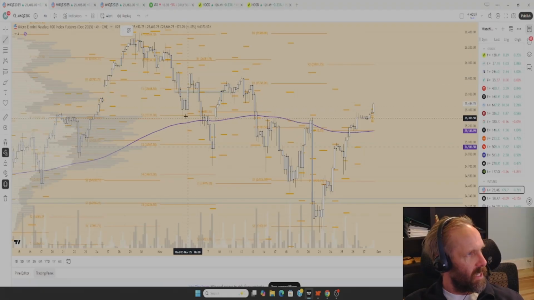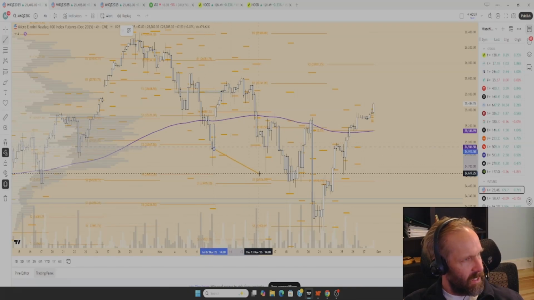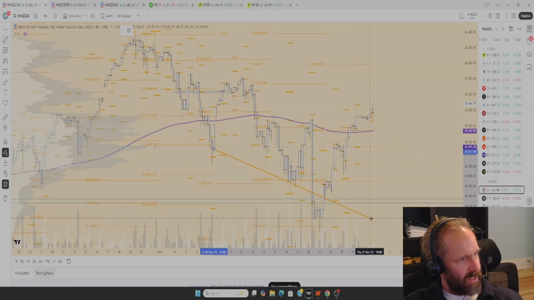Let's see. So where it found support, it found a lot of support right here. And then right there. You might ask, well, could you draw it there? Yeah, you could.